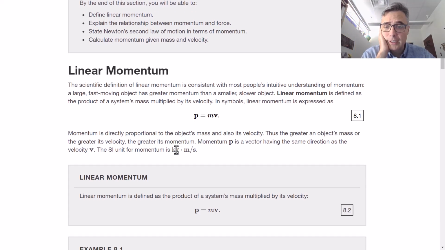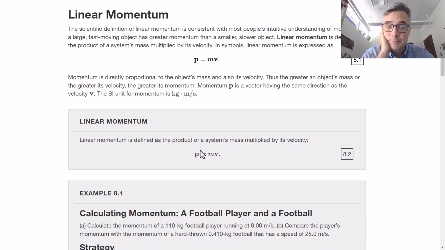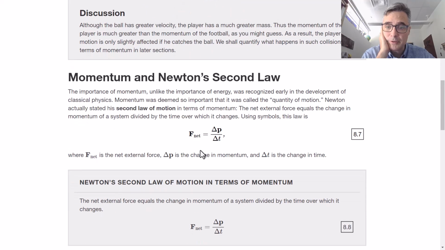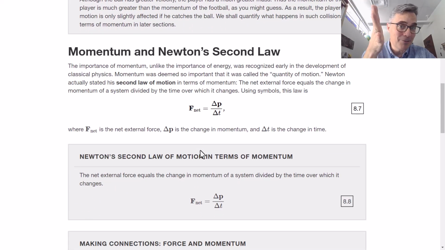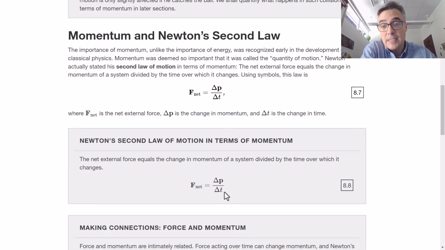The units are kilograms times meters per second. There's a couple of examples of that. But this is the really interesting thing, and this is actually the way that Isaac Newton first wrote down his second law, which was that the net force is the time rate of change of the momentum. He defined momentum, P, and then said delta P divided by delta T is the net force.